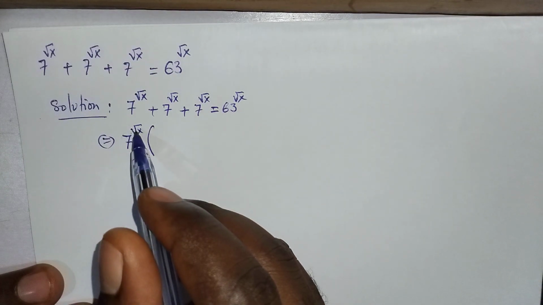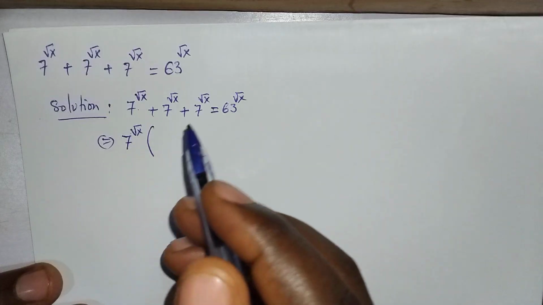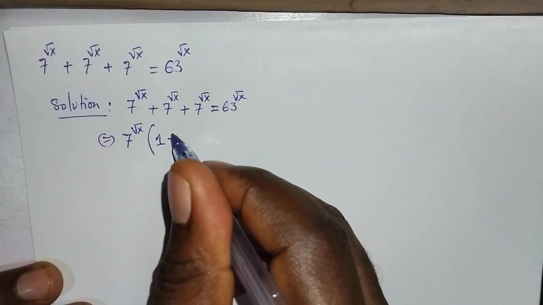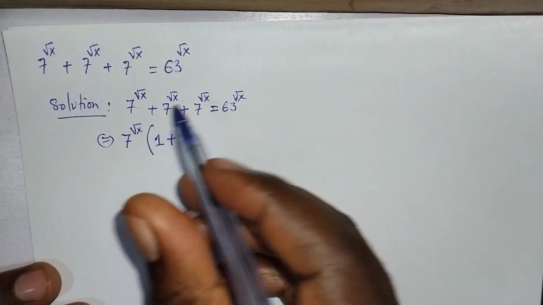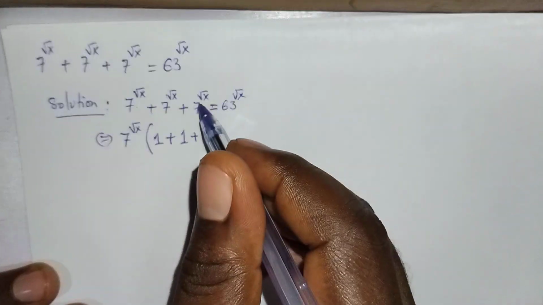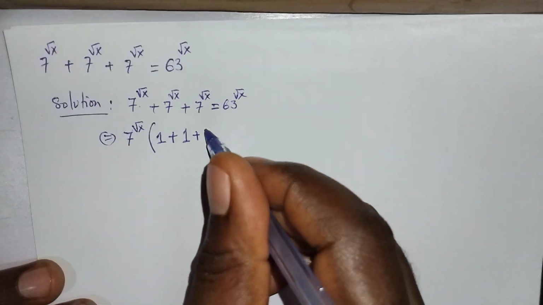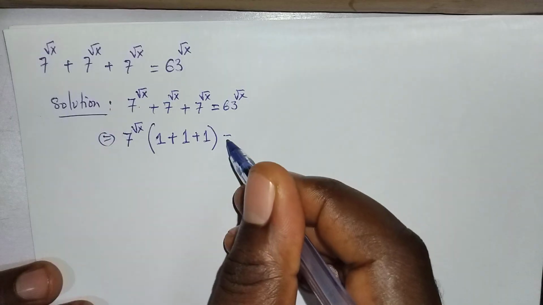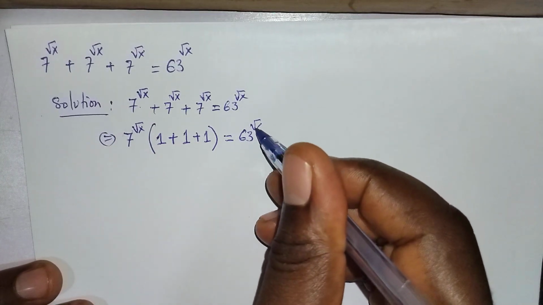This (7 + √x) over (7 + √x) is equal to 1, and here (7 + √x) over (7 + √x) is equal to 1, and the third one is also 1. This is equal to 63 + √x.